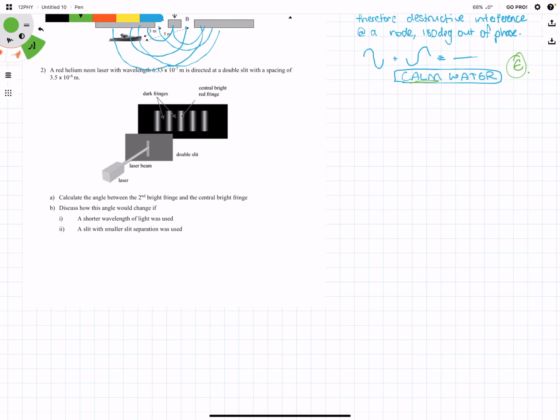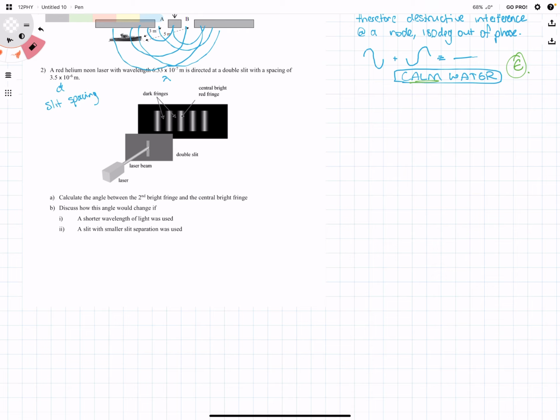That's really nice of them. This is our wavelength here, and we know d over here is the slit spacing. And we can see that's really small, times 10 to the negative 6 meters. Really, really small. So down here we'll do number 2A.